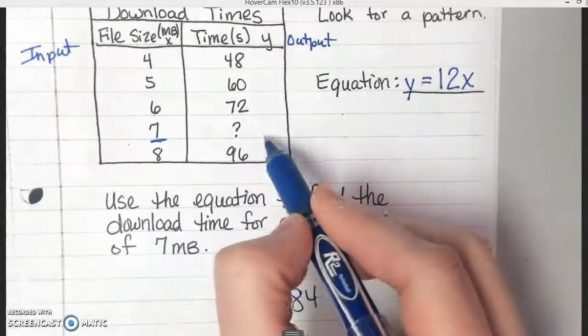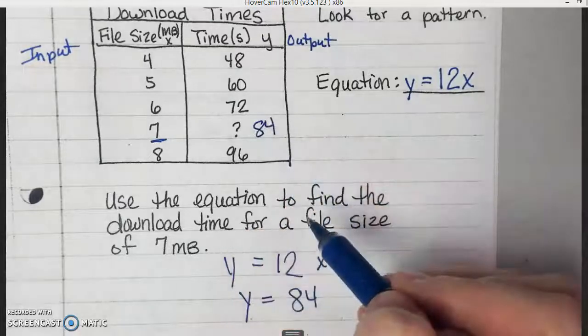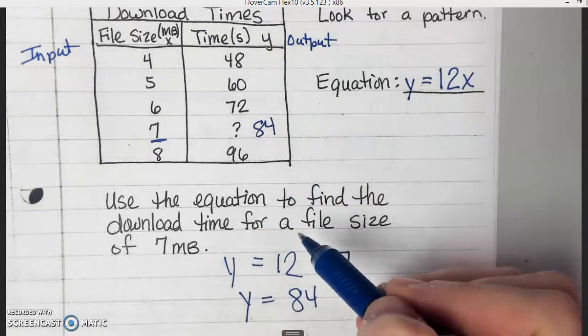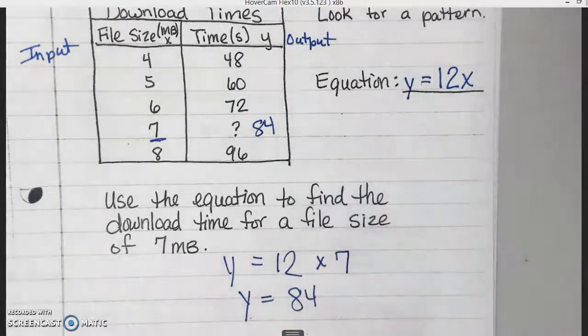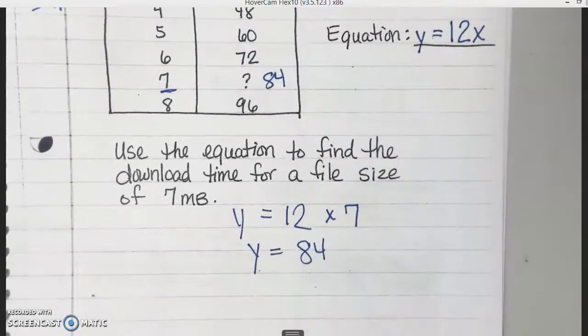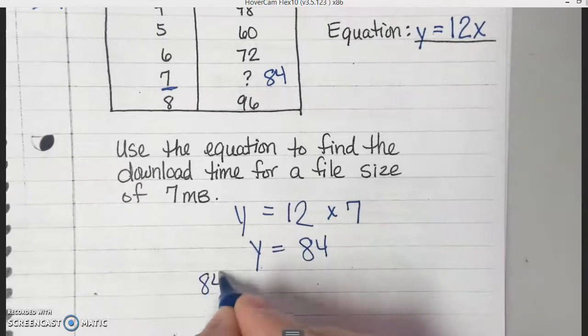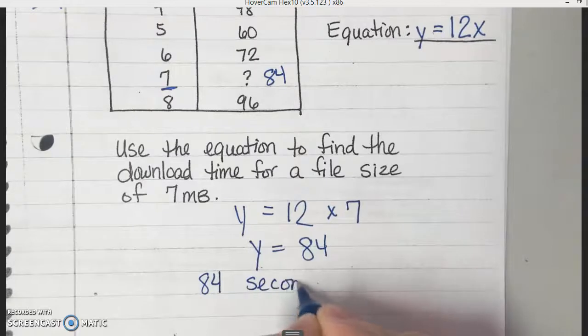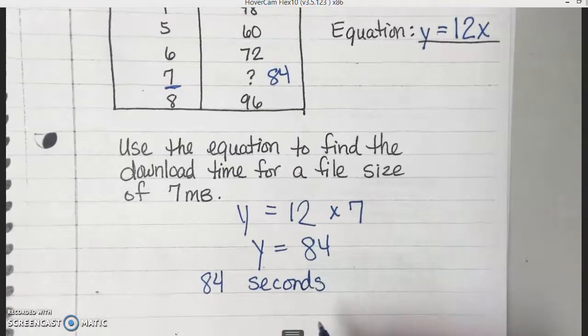So that means right up here, this would end up being 84. So 84 seconds for a 7 megabyte file. That's the download time. So if you wanted to write that like this, you would say 84 seconds. Any questions so far?